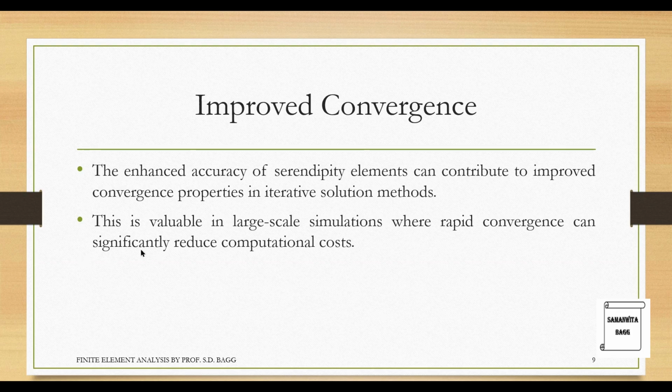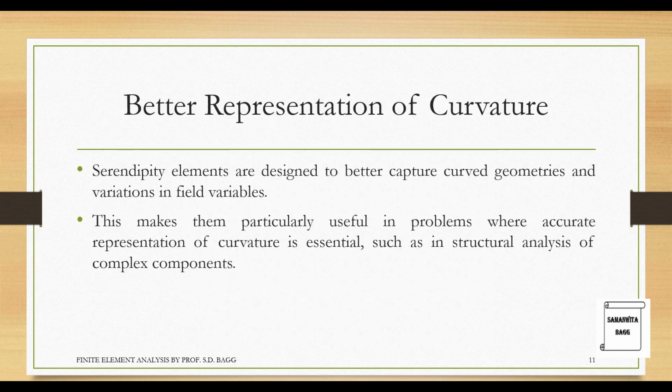And if you read here, it's given that you will reduce the computational cost significantly, because if you do not use serendipity elements and you keep on running the solution for hours, what you're doing is just adding to your computational cost. So if you want to get better solutions and faster solutions, then you need to use more number of serendipity elements. Next advantage is better representation of curvature.